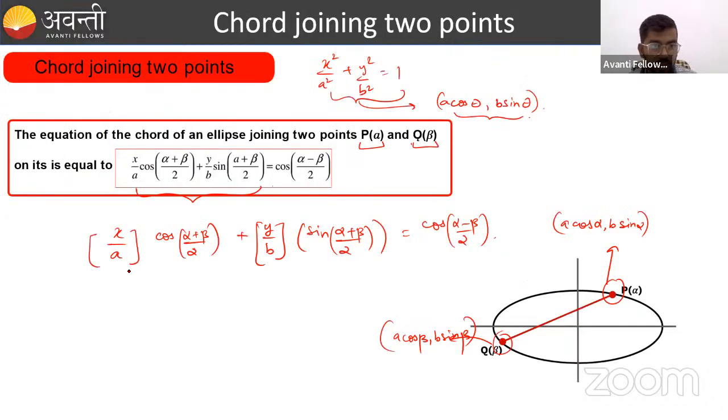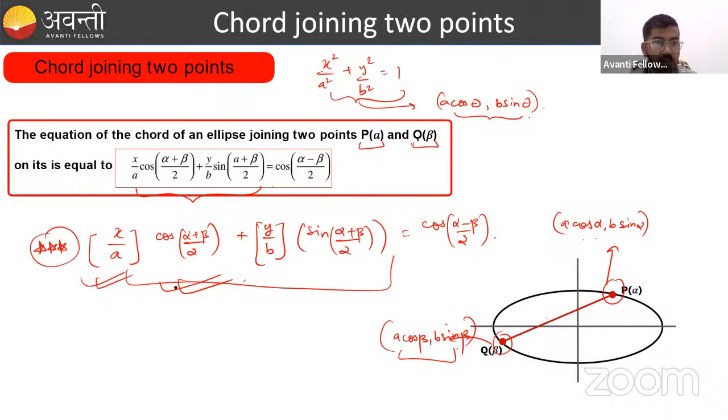You can solve this and prove it also: find the coordinates of these two points, find the slope, and then use the slope-point form. Okay, so let's not waste our time and just try to remember this formula.